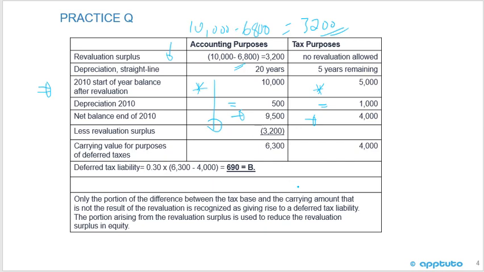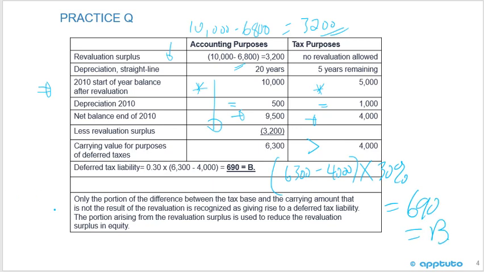So it's not too difficult. So we get the carrying value for purposes of deferred taxes is 6,300. 6,300 is greater than the 4,000. So all we do is the 6,300 minus the 4,000 times our tax rate of 30%, and we get the correct answer, which is 690, which equals B.